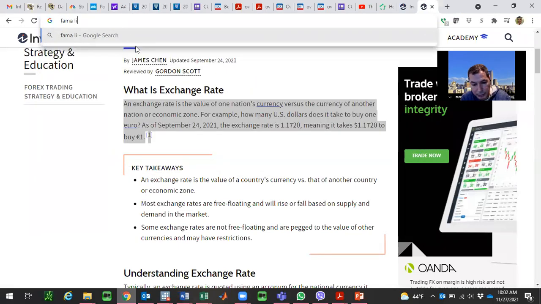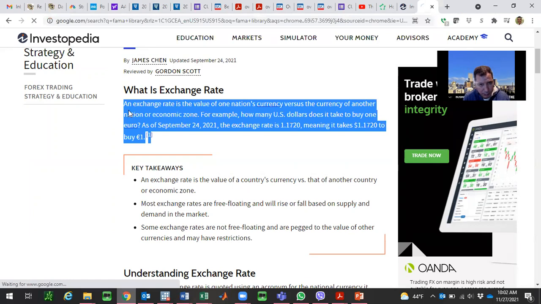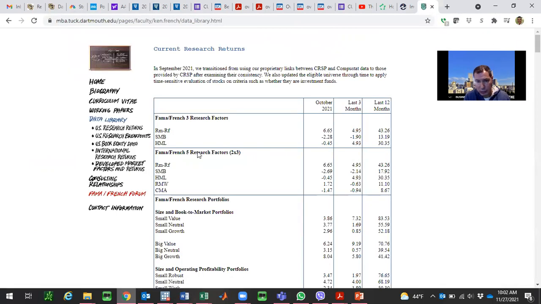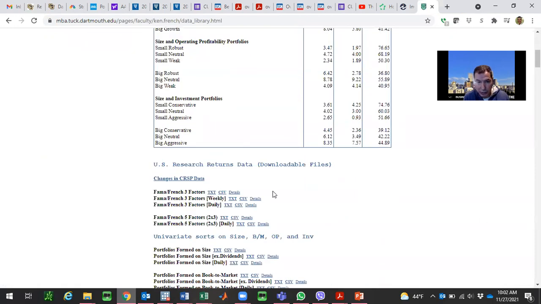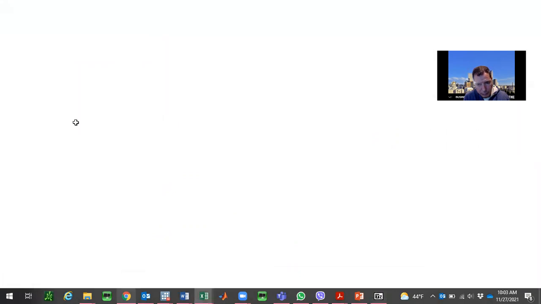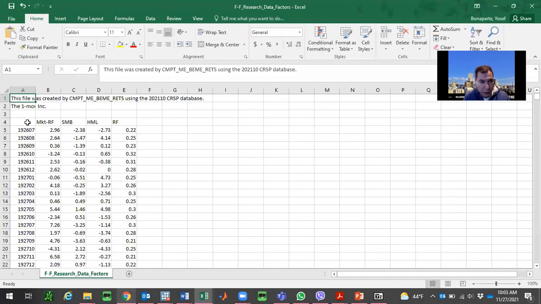We're going to go to the Fama library. When you replicate the work, you don't need to do this, get the data. I'm going to put that in Excel so you can use it. So we can use the 3 factors. Okay, so you have a date here.